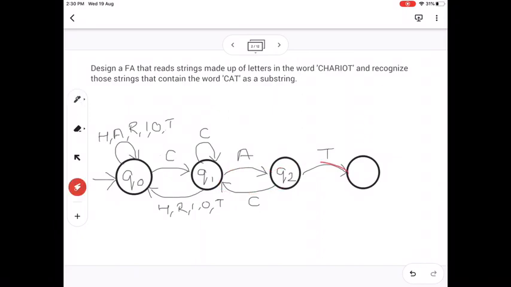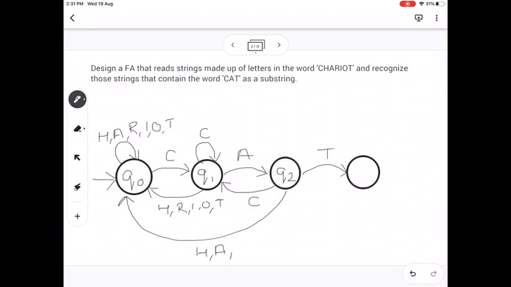CAT. Okay, so we are getting the substring CAT. So I have put here self loop. For all other characters, again I go back to initial state. Remaining characters. So remaining characters are which all characters? H, A, R, I and O.